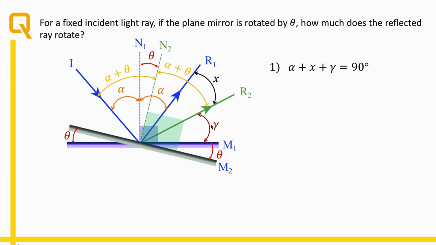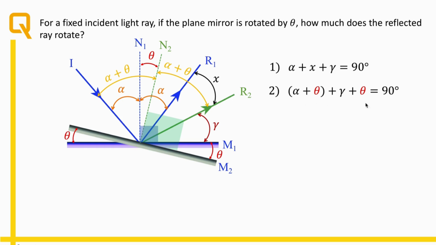And then we have gamma and then theta, because 90 degrees is up to M2. So the second equation is alpha plus theta plus gamma plus theta.